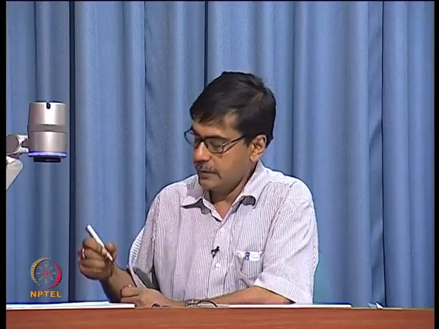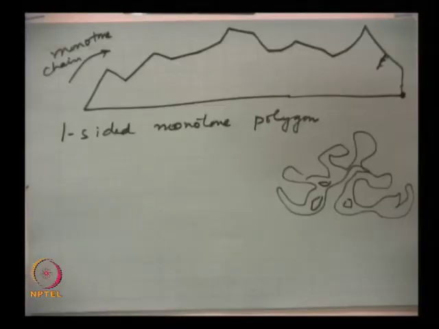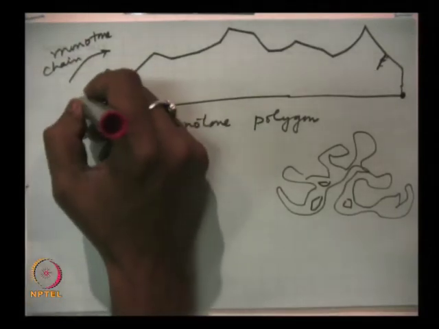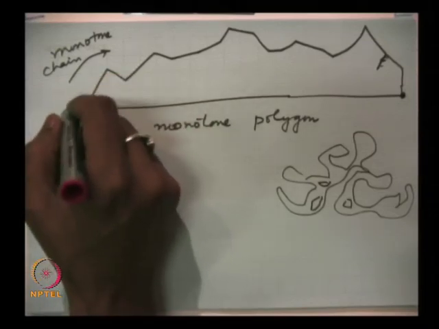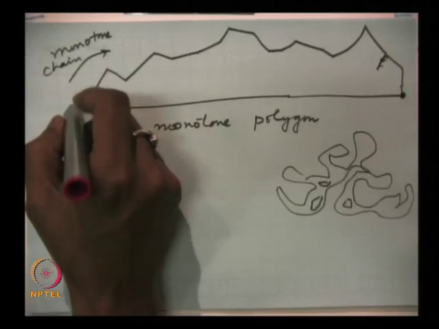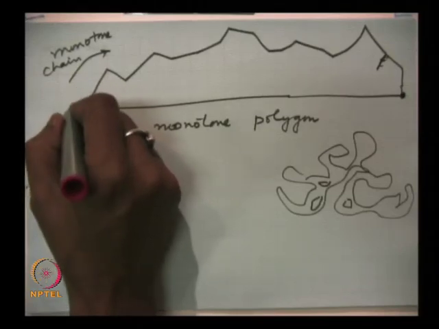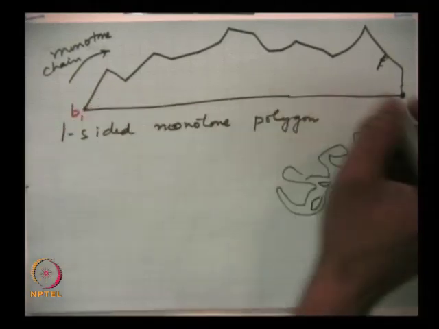Since this is monotone, maybe we should just start traversing this chain. That could be a reasonable thing to do. Okay. So, I start traversing this chain, let us call this the base, B1, B2.